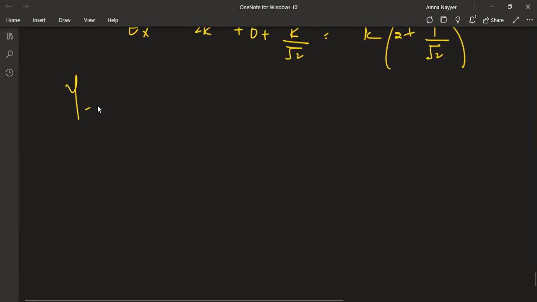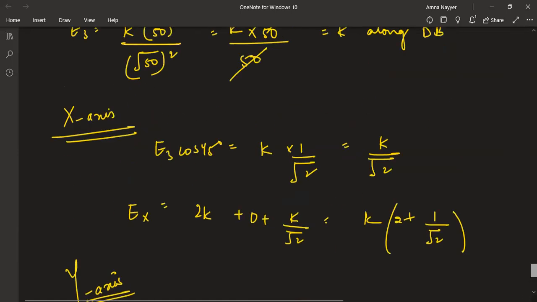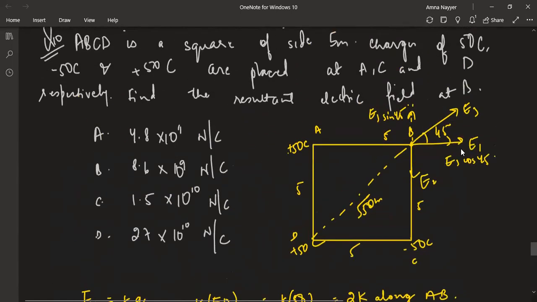Similarly, if you write about y-axis, EY is E3 sine 45 degrees. This is K into 1 by root 2, which will again be K by root 2 only. But this time the difference is that since E2 and E3 are acting in opposite direction, look here in the square, they acted in same direction, E1 and E3 cos 45.